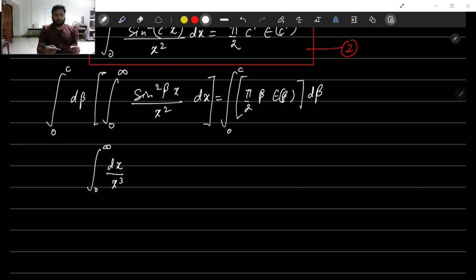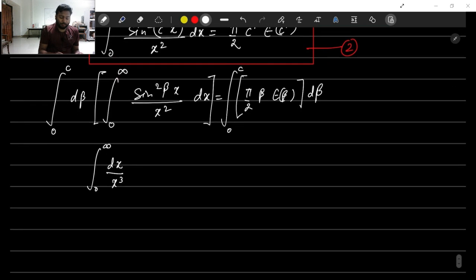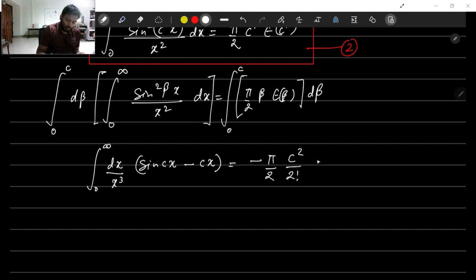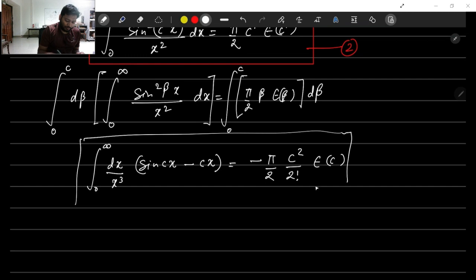When you integrated the first time you got x square, when you integrate the second time you get x cube in the denominator, and the form is like this, sine cx minus cx equals minus pi by 2 c square by 2 factorial epsilon of c. So this is when you do the second time integration, correct.